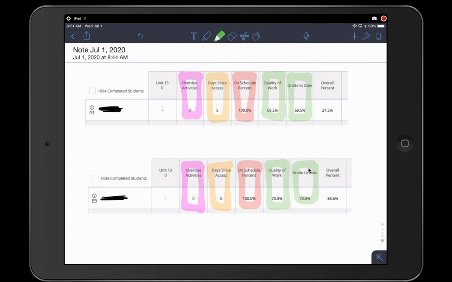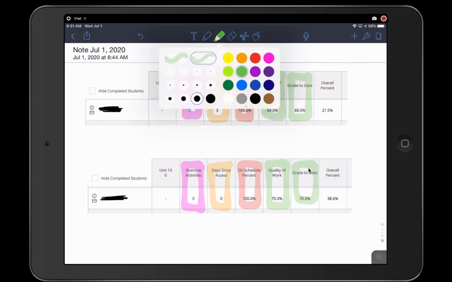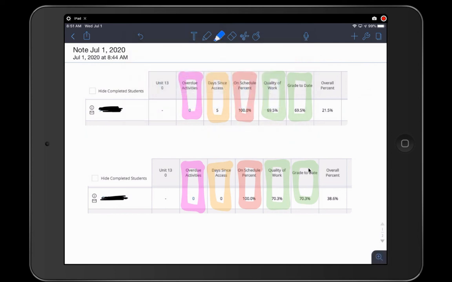Now they still have more work to do because if you look at this next part here, picking the right color, you look at the overall percent. Okay, so that is what your grade is.